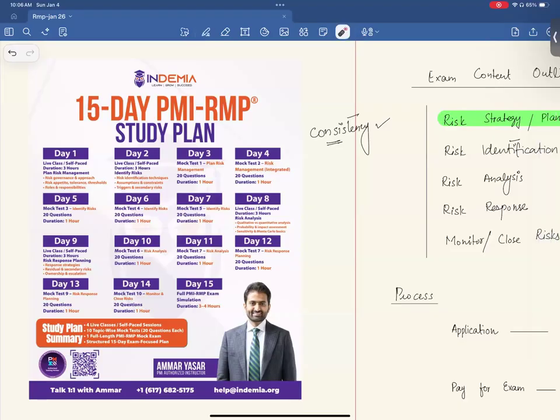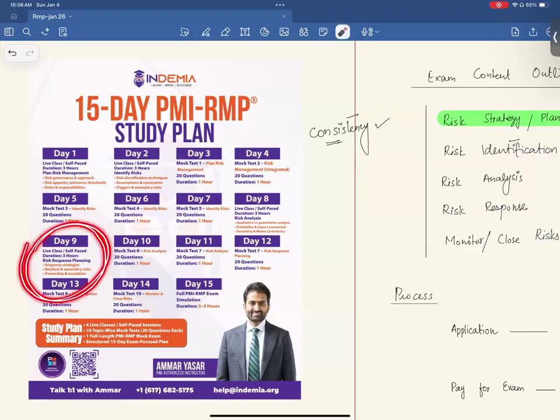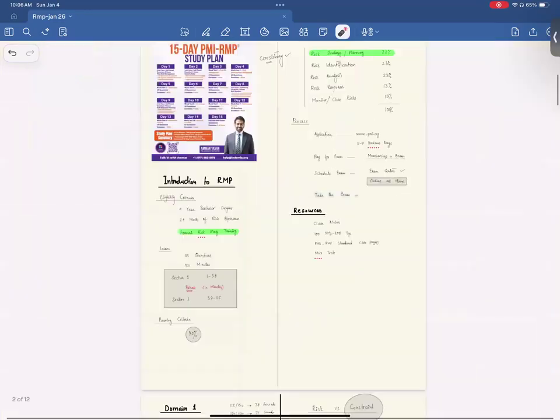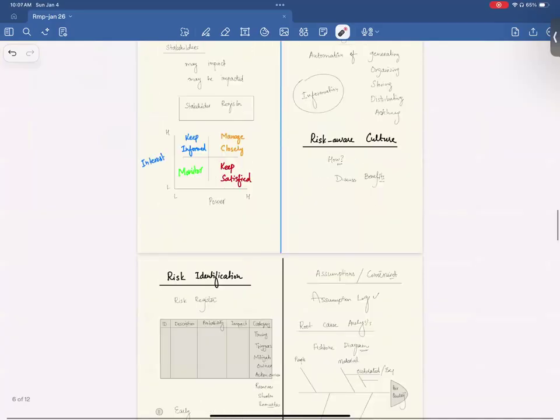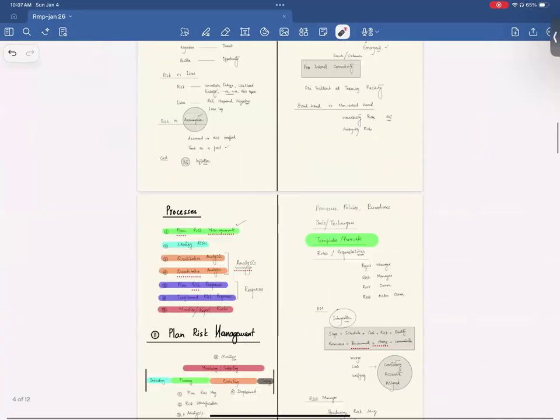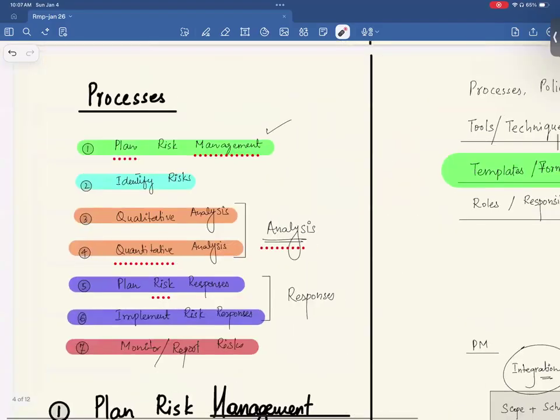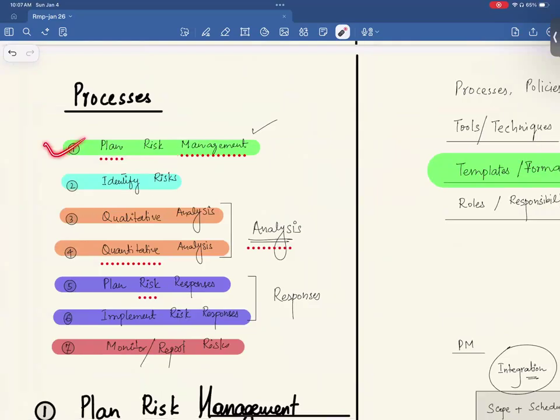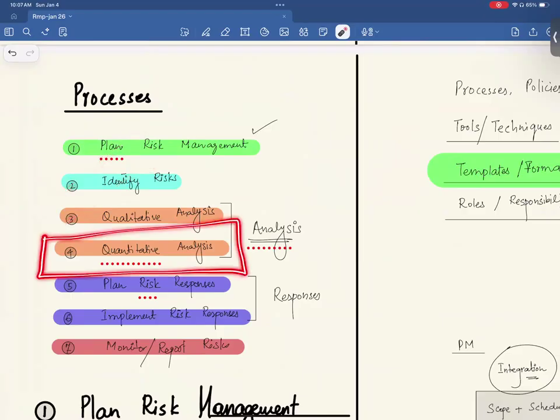So today we will be talking about risk response strategies, residual risk, secondary risk, and how to implement risk. Okay, so let me go back. There are 7 steps. We have discussed plan risk management, identify, qualitative, and we were discussing quantitative risk analysis.